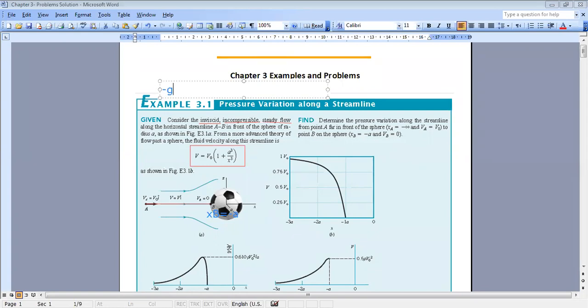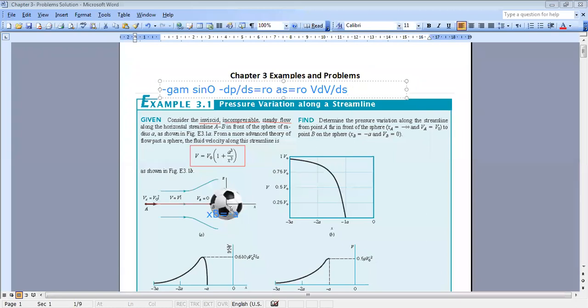It's minus gamma times sine theta, and I will go back to the course material to tell you in which part you are working, minus, where theta represents the slope of the streamline at a certain location, minus del P by del S, where S is the coordinate of the streamline, equals rho times acceleration along S, and the acceleration along S is replaced by V del V by del S. So it's equal to rho times V del V by del S. Okay, so this is what was developed in the course material.